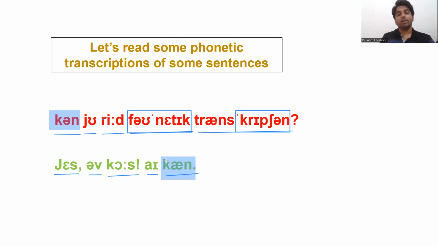You can pause the video and go now to check any word in a dictionary and see whether these things are given or not. You will see these things are given within two slashes, like this. Sounds are written within slashes.